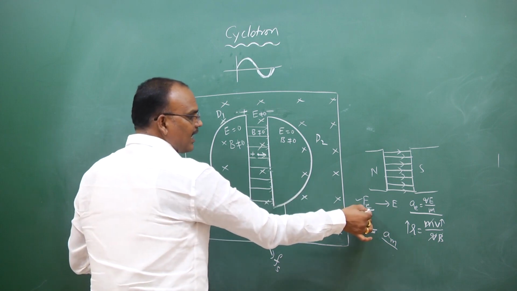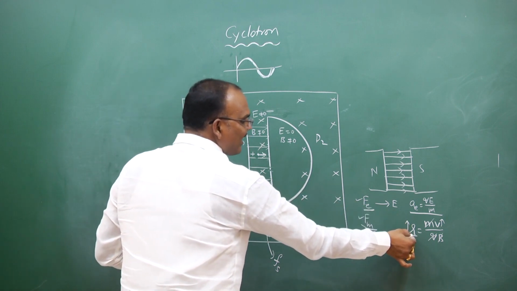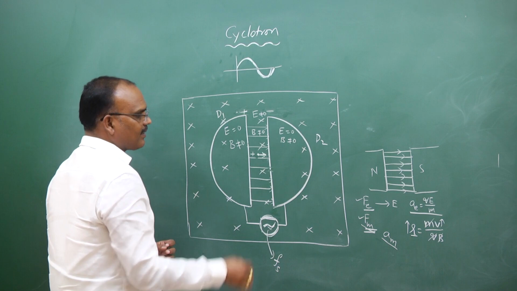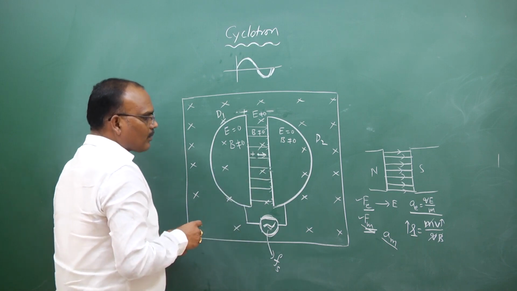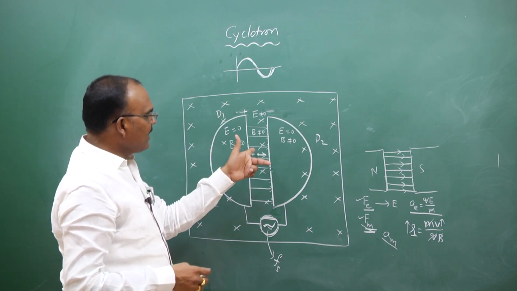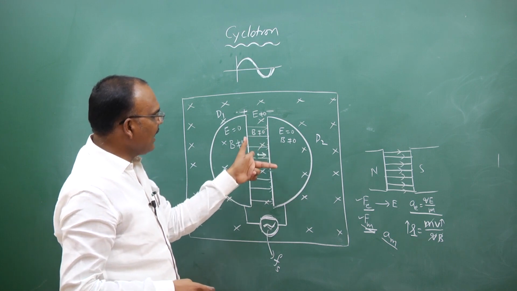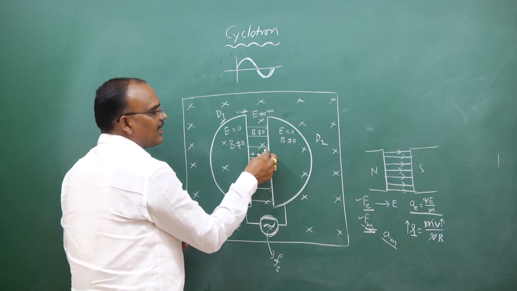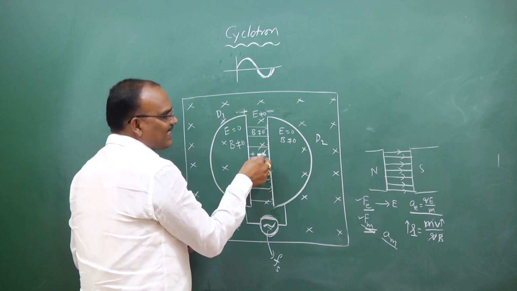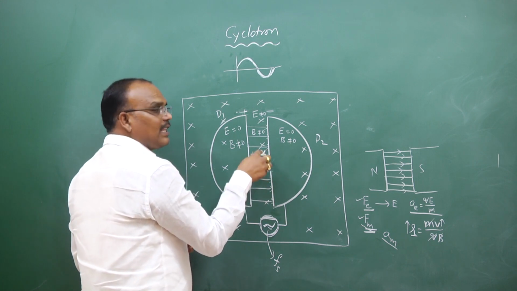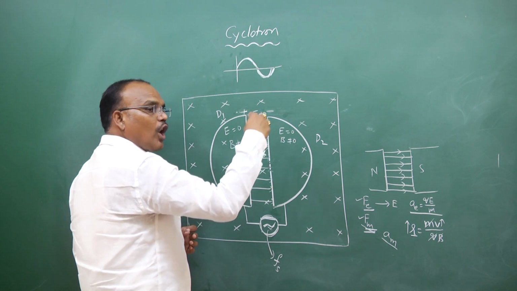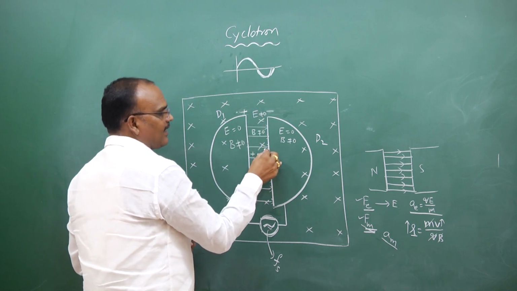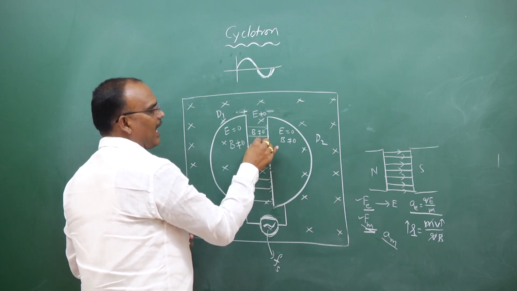Since it increases the speed, obviously radius of the circular path increases. Now here field is inside, current is this side, so force acts upward, so this charged particle will turn like this. But while it is turning, the radius of the path goes on increasing. So radius increases up to here.